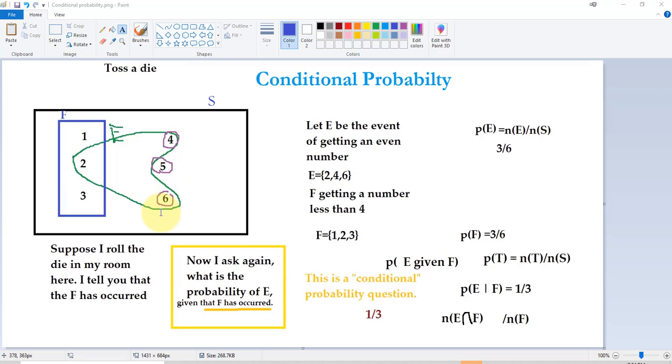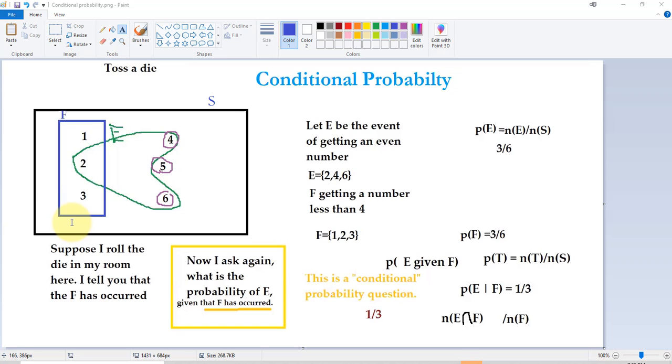So basically, the only things that are possible are the things in F, because we were given that F has occurred. So we can sort of say that this is the new sample space. This is the new set of possibilities. The whole original sample space S is no longer the set of possibilities, because these are not possible. So this is the new sample space. We can think of it that way, first of all.